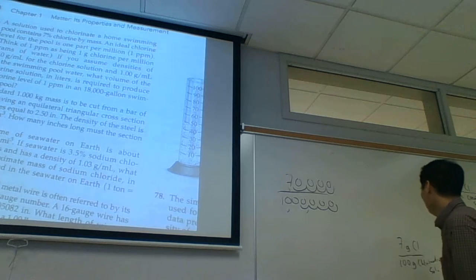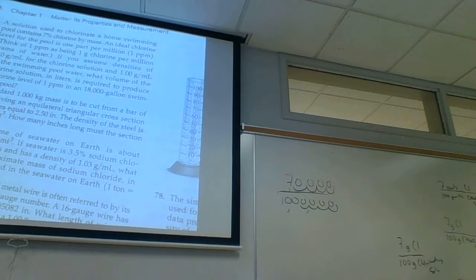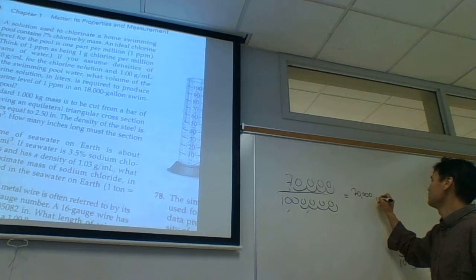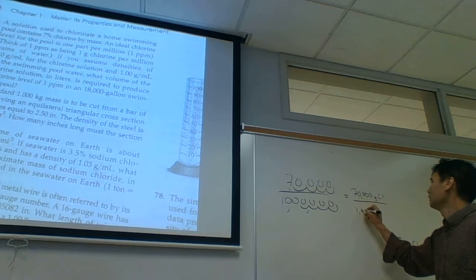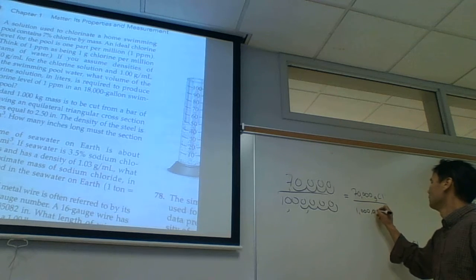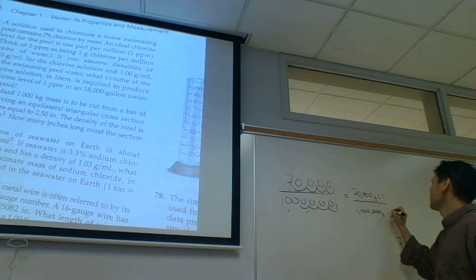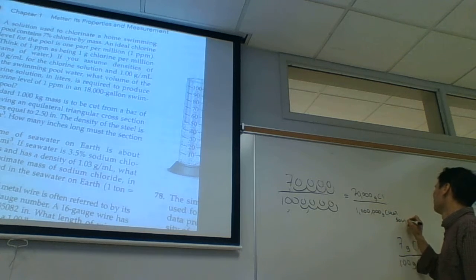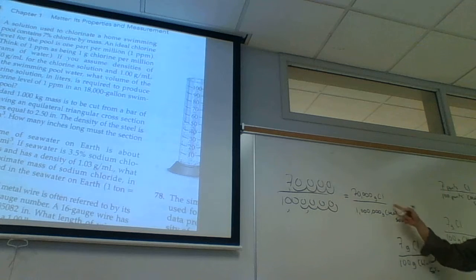And so 7 grams of chlorine per 100 grams of chlorinating solution is the same thing as 70,000 grams of chlorine per million grams of chlorinating solution. And so this says the same thing.